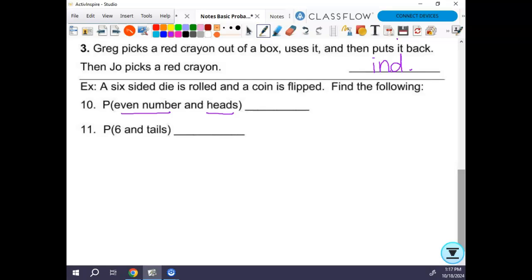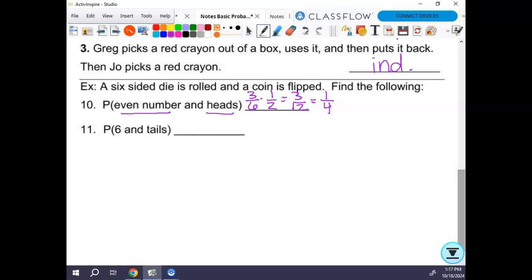The numbers are 1 through 6, so there are 3 even numbers. So an even number would be 3 out of 6. And then heads would be 1 out of 2, right? You find the 2 different probabilities and you multiply them. That's all that's happening. That gives you 3 out of 12, which is a 1/4 chance of that actually happening.